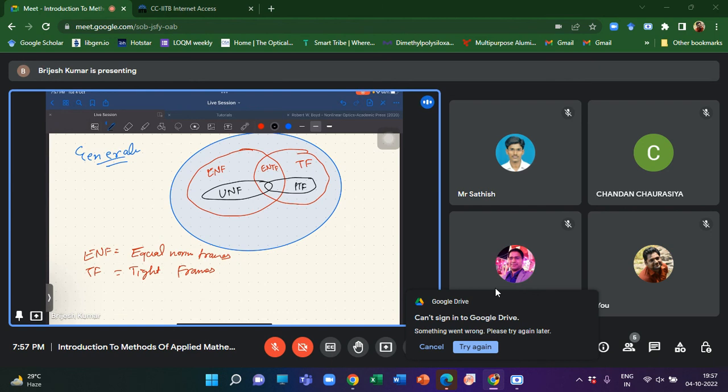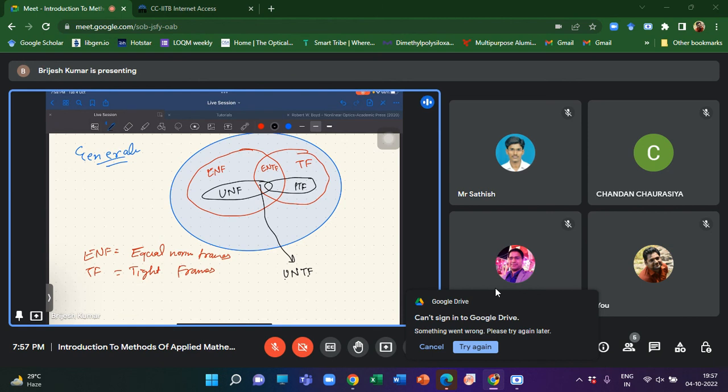So this PTF is denoted for Parseval tight frames. Okay, so this is PTF, this is UNF, and in between is UNTF. So UN for unit norm and TF for tight frame, so unit norm tight frames.